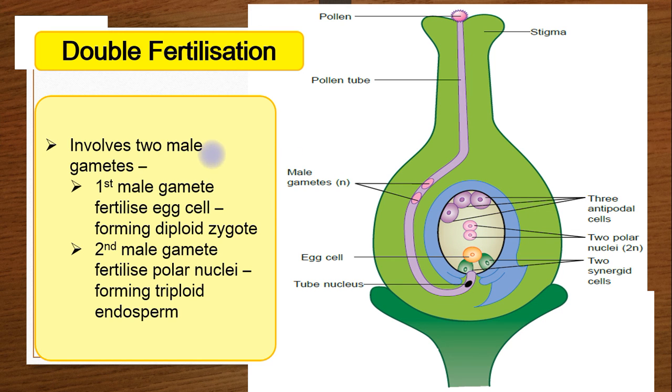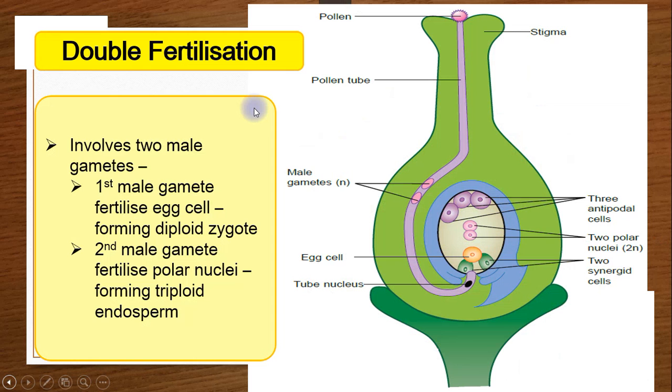The first male gamete fertilizes the egg cell, forming a diploid zygote. The second male gamete fertilizes the polar nuclei, forming the triploid endosperm. So please remember the process of double fertilization. Double fertilization only occurs in flowering plants, not in humans.